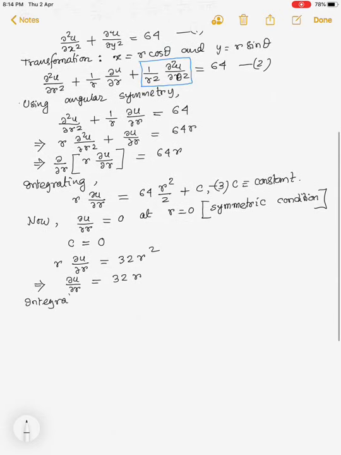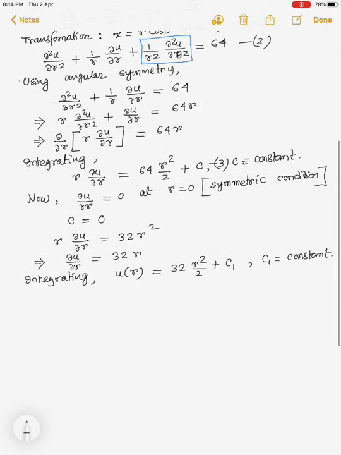Again integrating, we have u as a function of r is equal to 32 r square by 2 plus some another constant, say c1, where c1 is another constant.